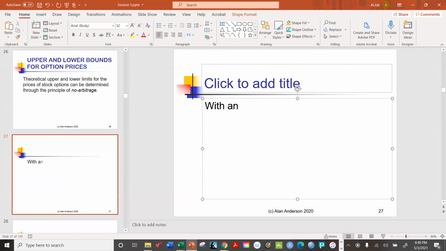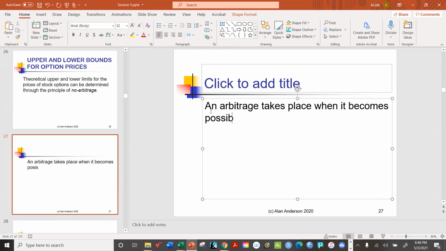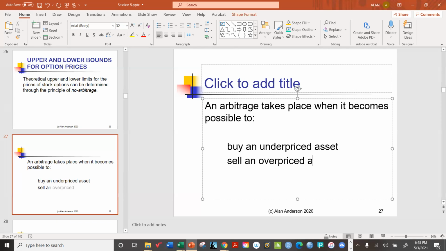An arbitrage takes place when it becomes possible to buy an underpriced asset, sell an overpriced asset without taking any risks.